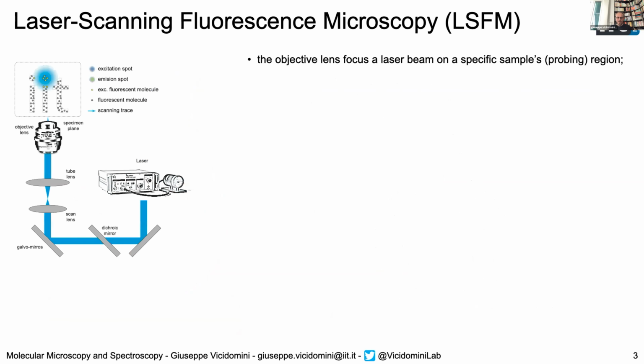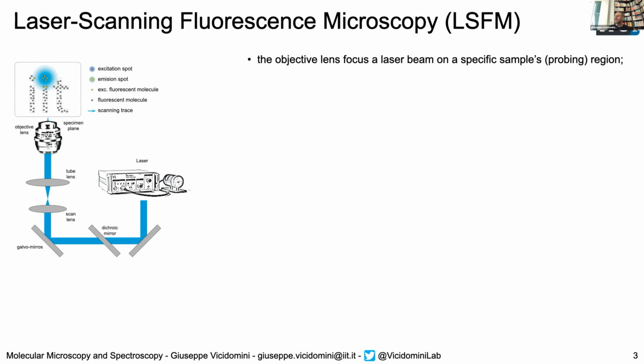To try to convince you about that, and also to explain how we want to solve this problem, let me start from the beginning and show you how a fluorescence laser scanning microscope works.